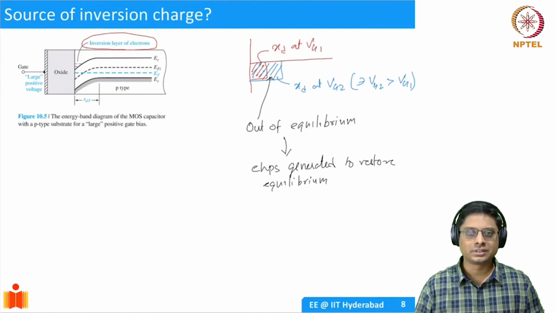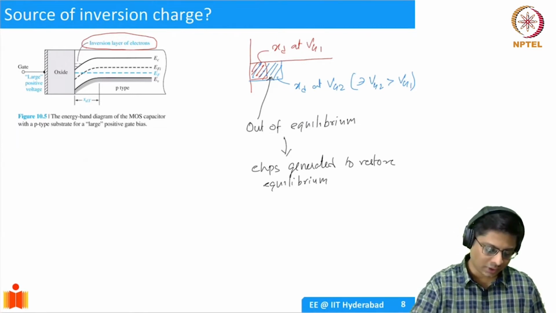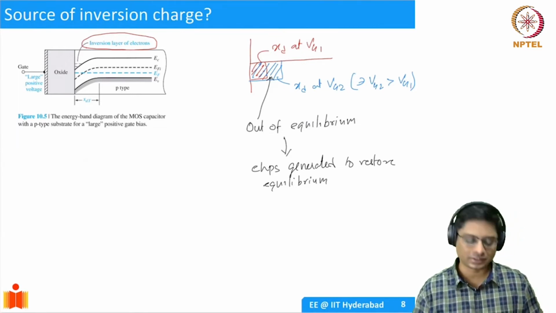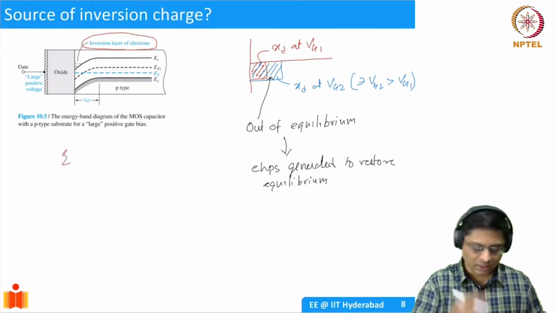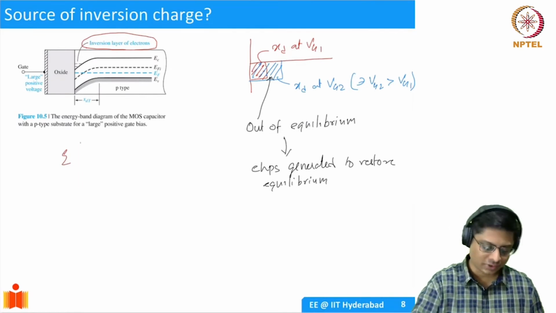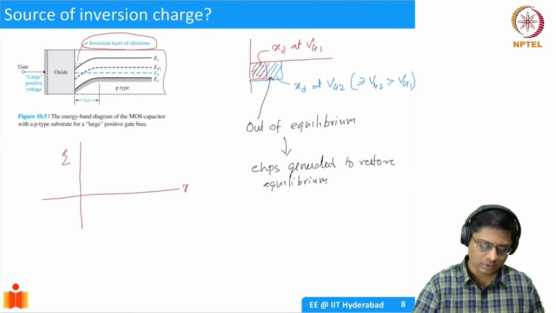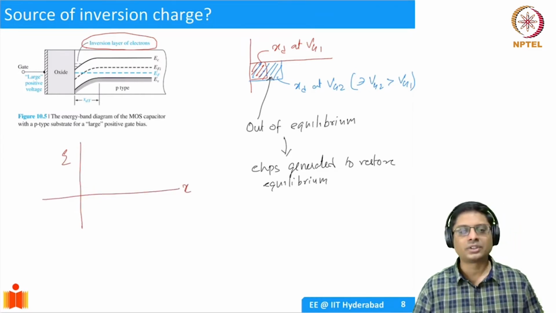So what happens to electron hole pairs when they get generated? Well, for that, you need to look at what is the field in the semiconductor. If I want to draw the field E as a function of X, how does it look?